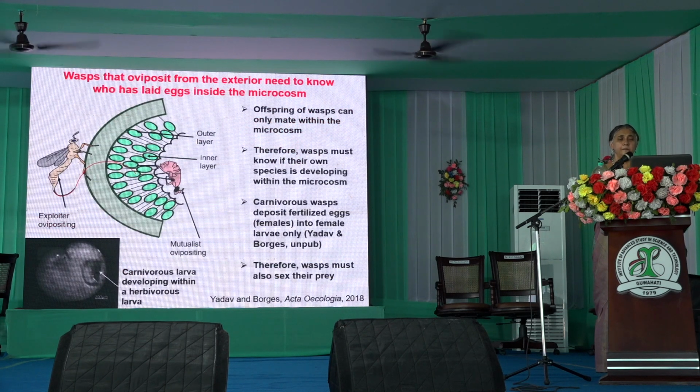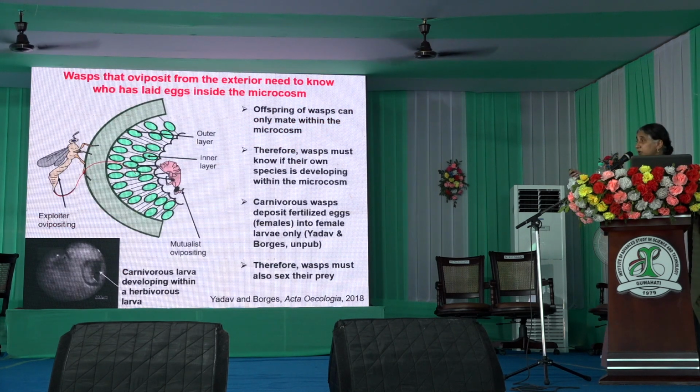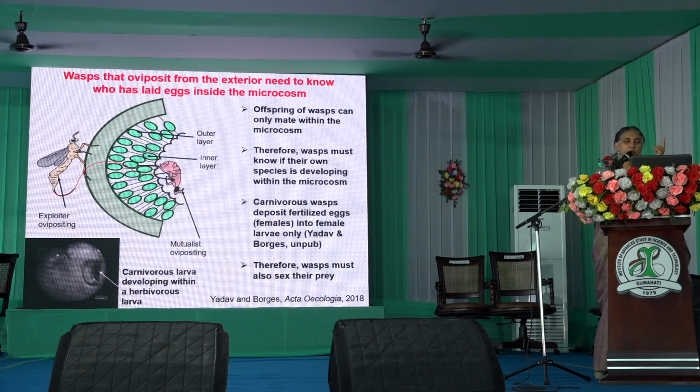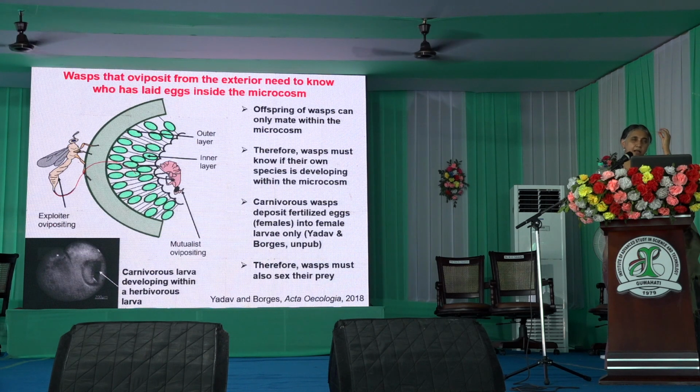I told you that the only way that the illegitimate fig wasps can enter the microcosm is through the ovipositor. Therefore, we have been looking at the sensory properties of the ovipositor. We now know that the ovipositor is a marvelous organ. It is as thin as one human hair. So if you take one of your hairs, that is the thickness of the ovipositor.